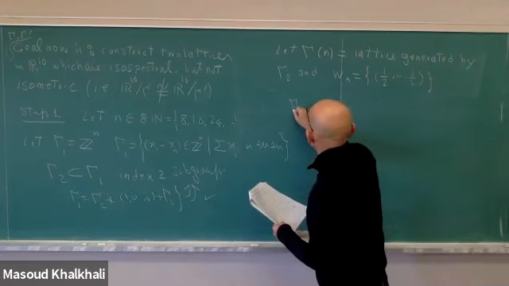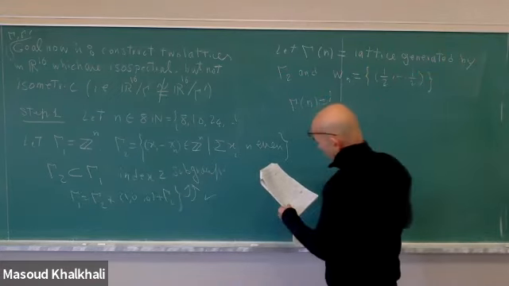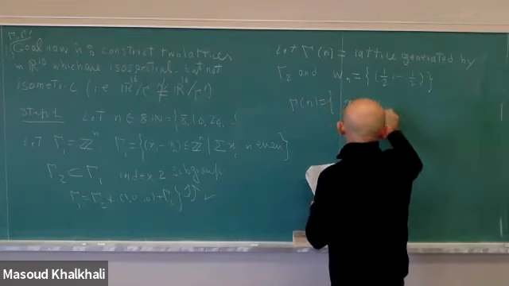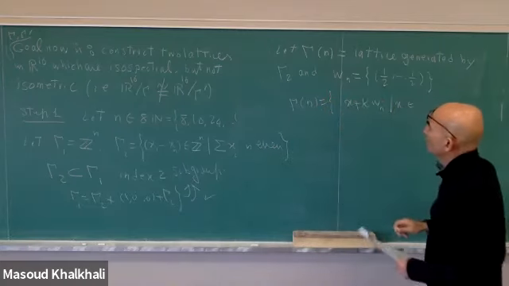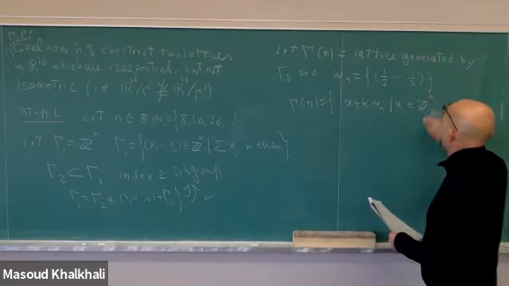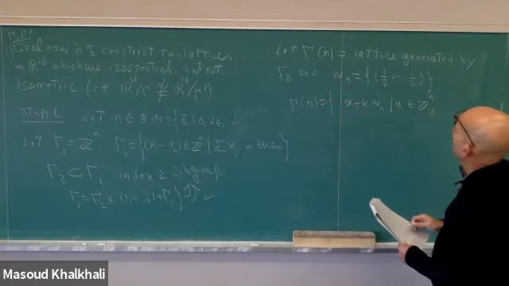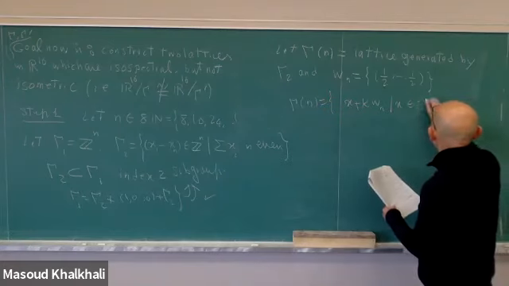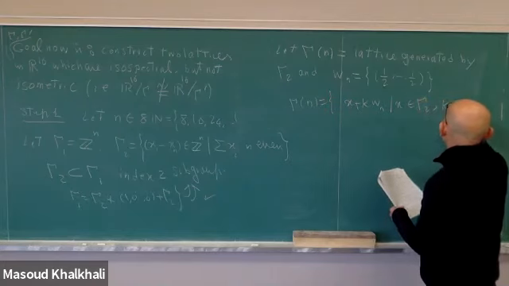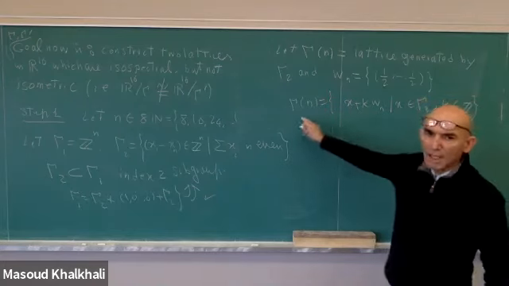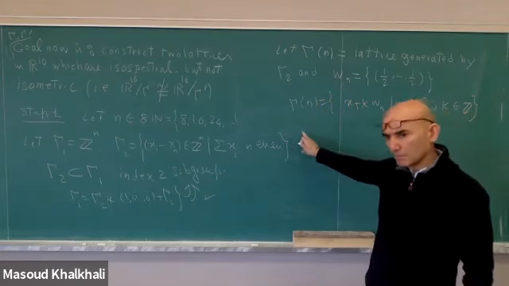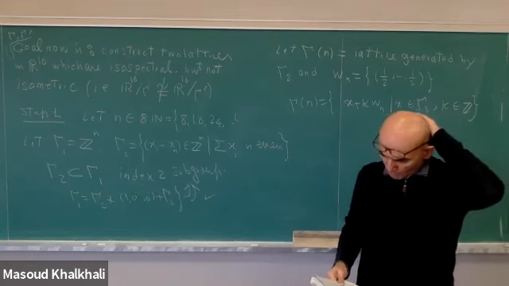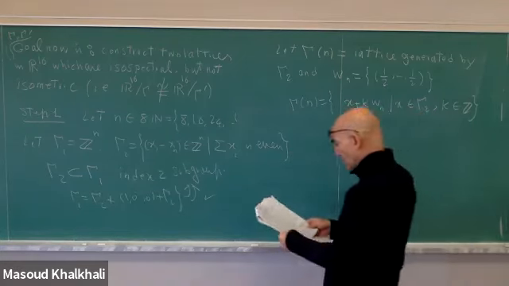So gamma n, in other words, is the set of all x plus k Wn, x belonging to gamma 2, it's not Zn, gamma 2, and k belongs to Z. So these are the lattices that you're going to work with, these gamma n lattices. Now gamma 2 inside gamma n.